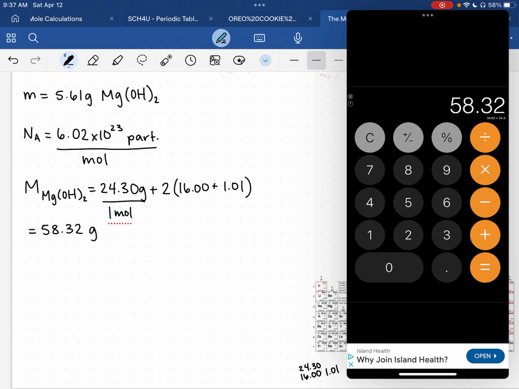And now I'm going to write definitely the units there, so grams per 1 mole. Keep in mind, this is the mass of a magnesium hydroxide formula unit. You don't refer to ionic compounds as molecules, but it's for one compound of magnesium hydroxide.